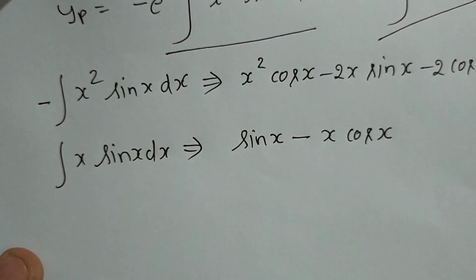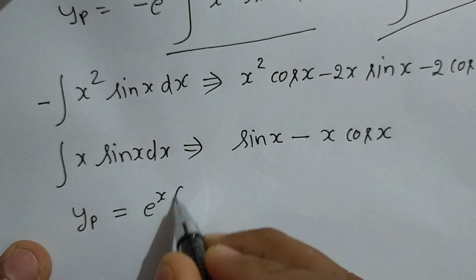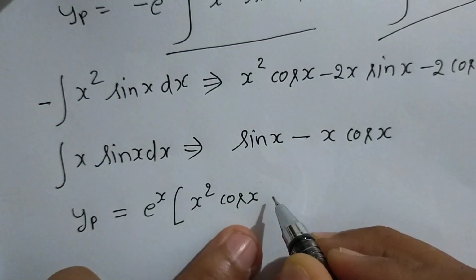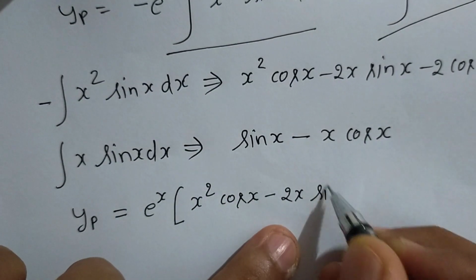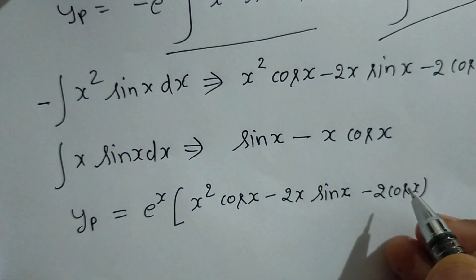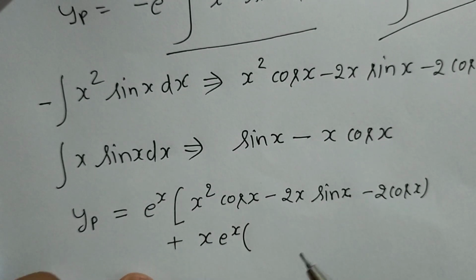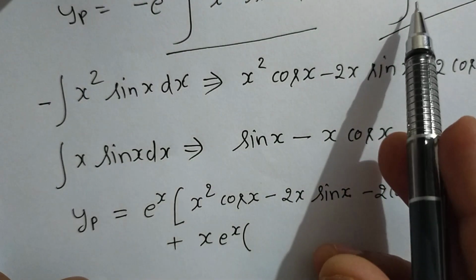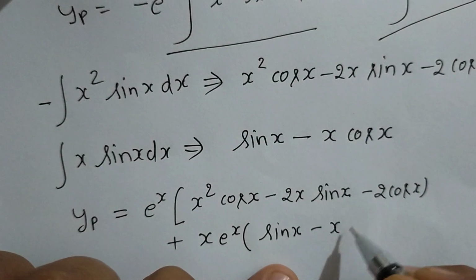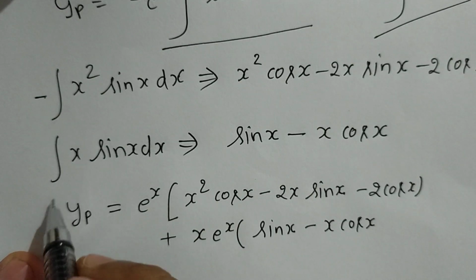So we can write the particular integral yp equal to e power x into x square cos x minus 2x sin x minus 2 cos x, plus x e power x times the integral of x sin x, which is sin x minus x cos x. So this is your particular integral yp.